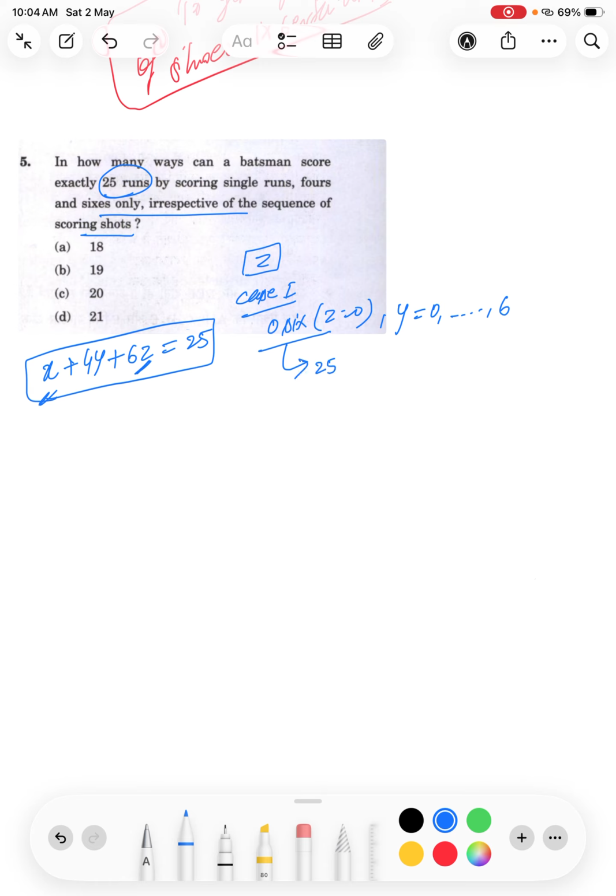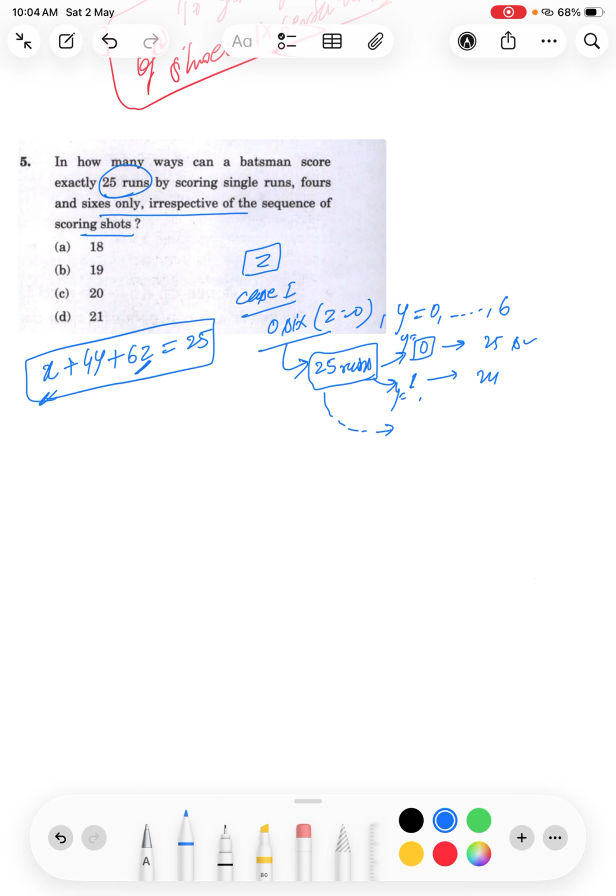When there are 0 sixes, then you are left with 25 runs to score, because we have not hit any 6. You can score 0 fours and the rest 25 singles. You can score 1 four, Y is equal to 1, and the rest 24 singles.